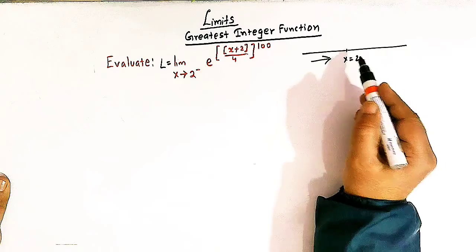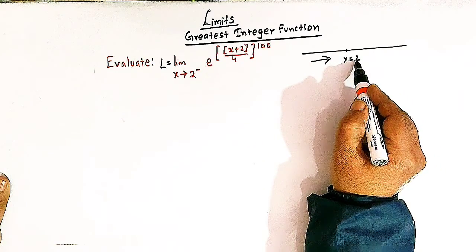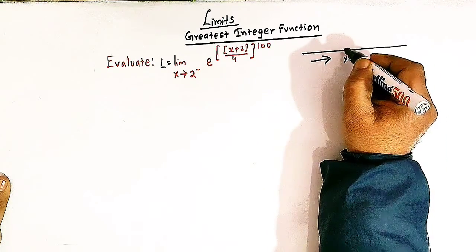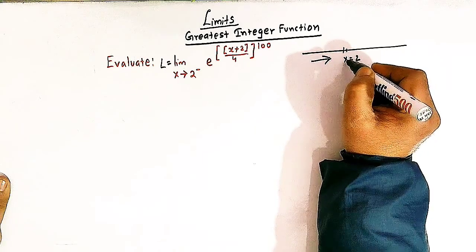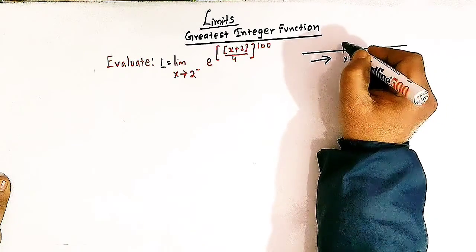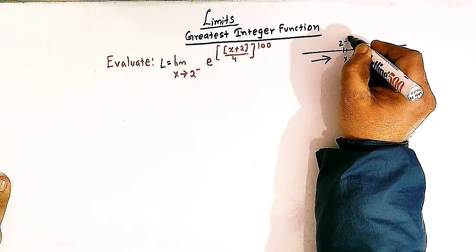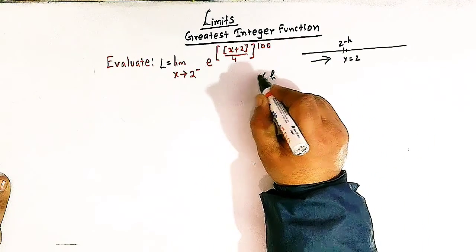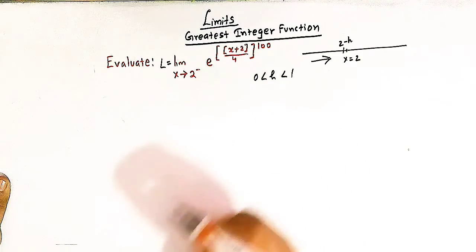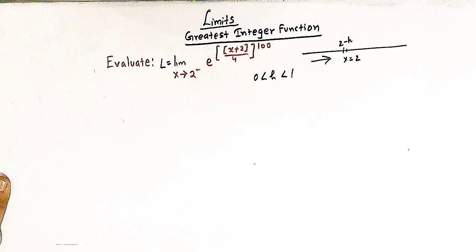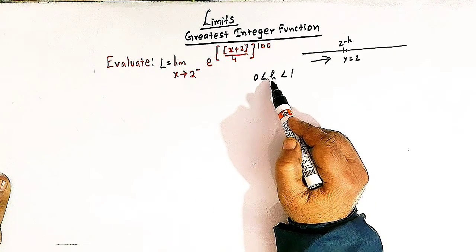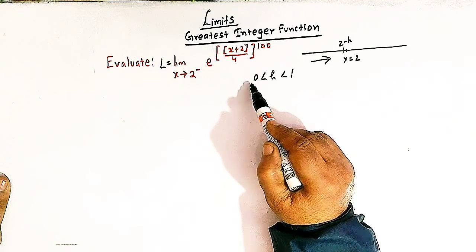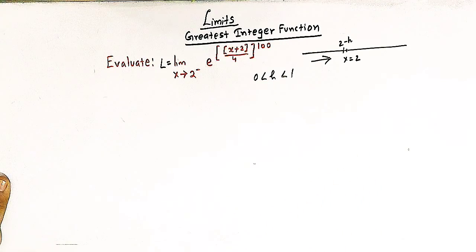So when we approach x equal to 2 from the left, we are in the neighborhood of x equal to 2, and this point is 2 minus h, where h is a positive quantity and it is infinitesimally small, and h lies between 0 and 1.